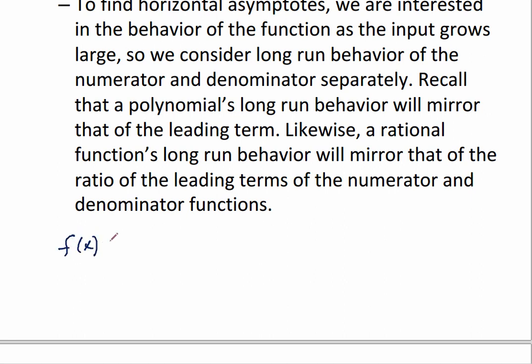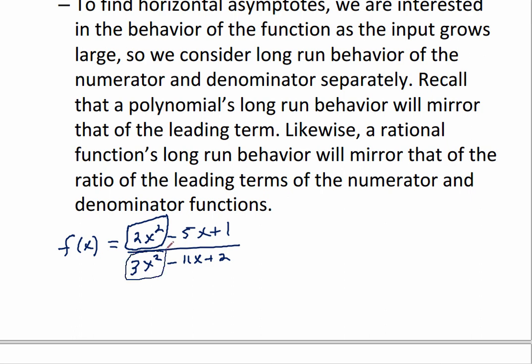So if we take f of x is equal to (2x squared minus 5x plus 1) divided by (3x squared minus 11x plus 2), we know that the numerator is a parabola and that its long-term behavior is going to be determined by the 2x squared. In other words, that's going to eventually tell you what it looks like. Similarly, same song, second verse, the denominator is also a parabola and its long-term behavior is determined by 3x squared.